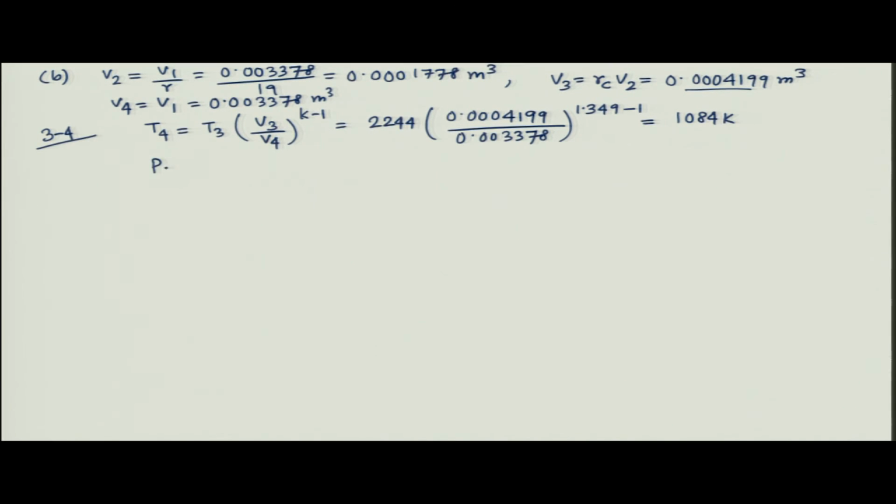And we can also find P4. P4 is P3 multiplied by (V3 upon V4) to the power of k.